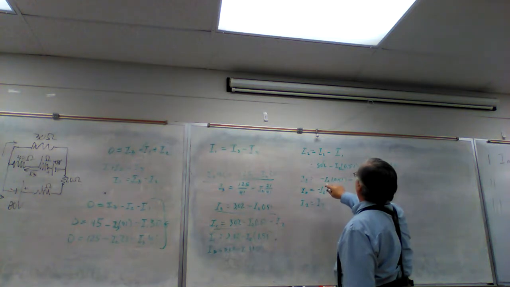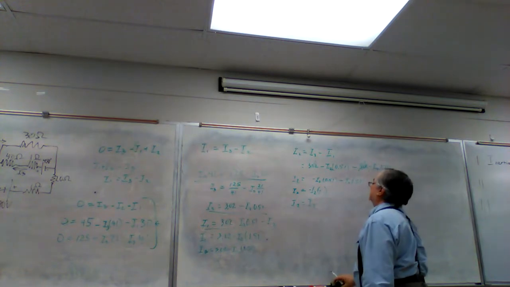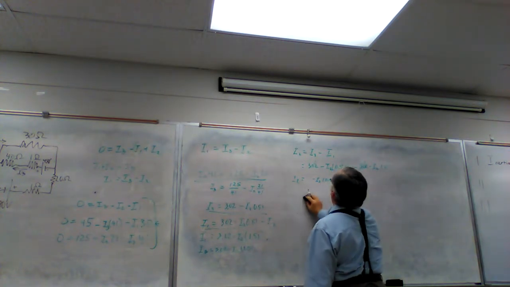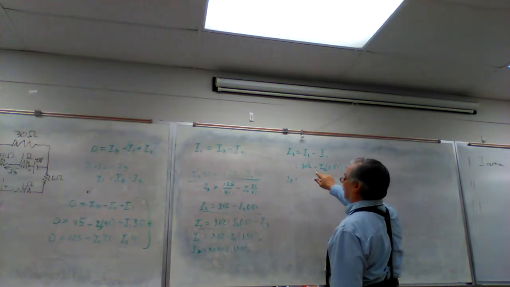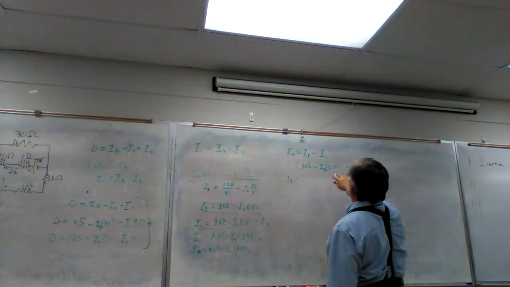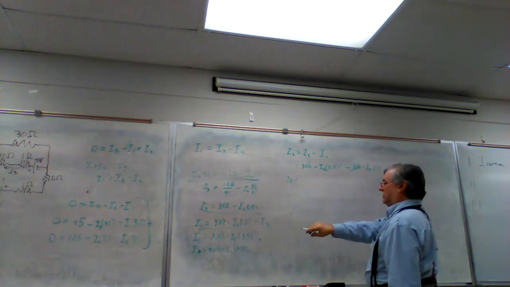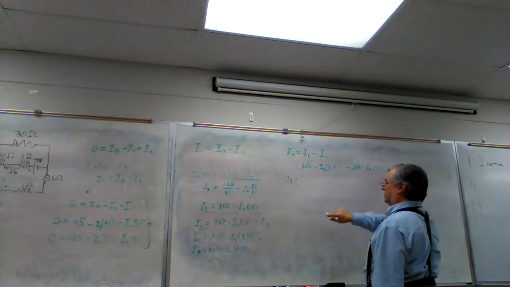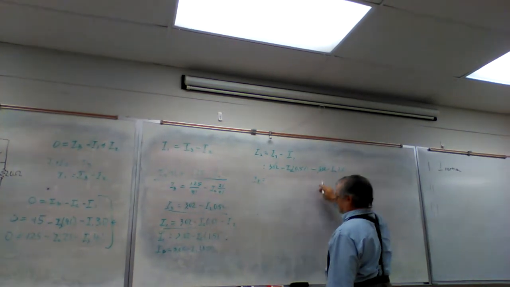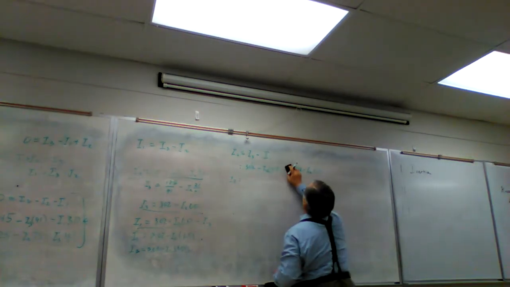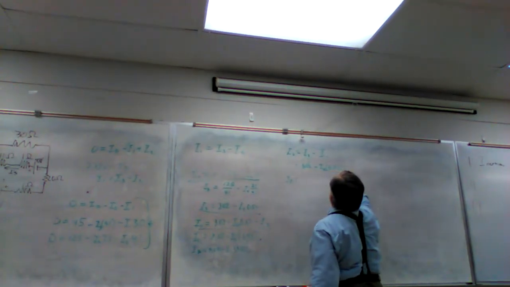I2 is equal to I3, 3.02 minus 0.51 I2 minus I1, which is 3.02. Aha! The algebra snuck up on me, I think. Let's take this. This is I3, right?